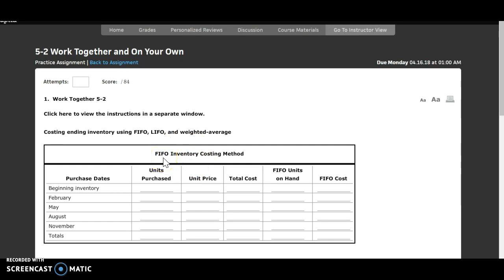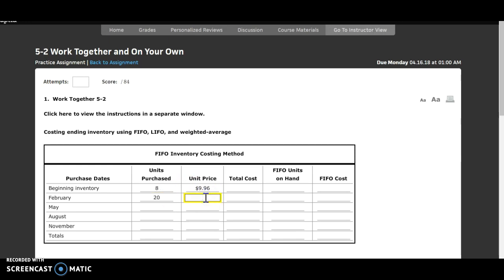Remember, FIFO is first in, first out. That means the first stuff we buy is going to be the first stuff that we sell. So I'm going to first fill in our purchases. So our beginning inventory, we're going to start with 8, and the unit price of those were $9.96. Okay, then in February, we bought 20 more.